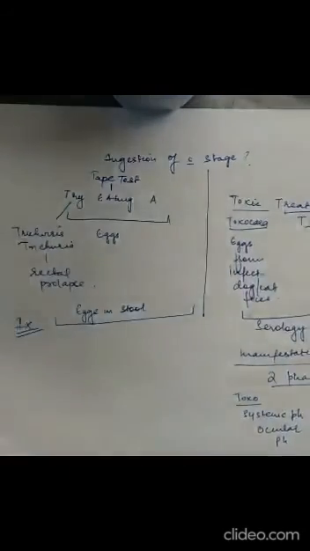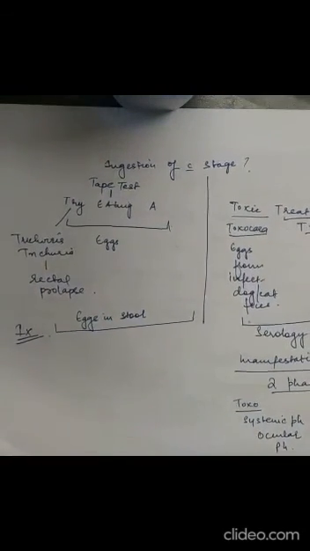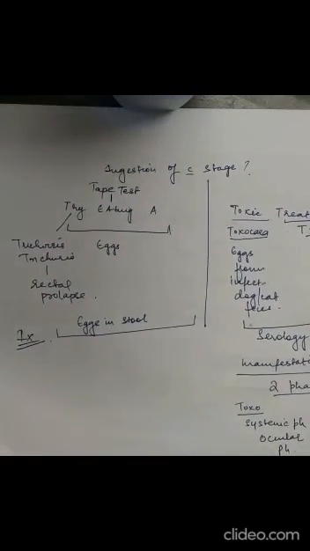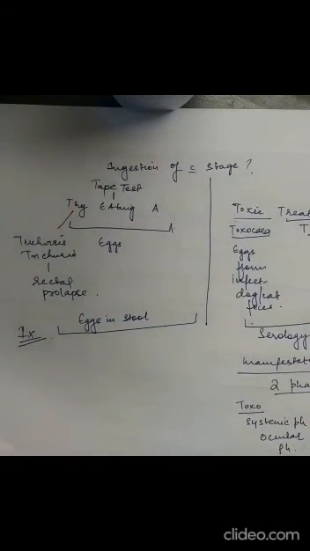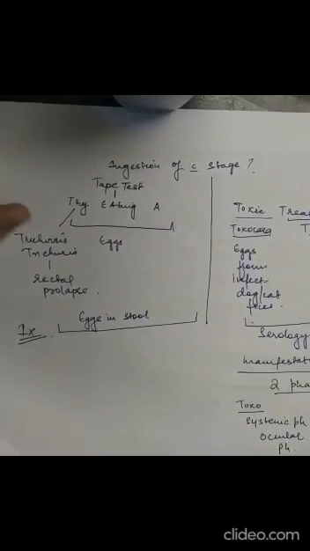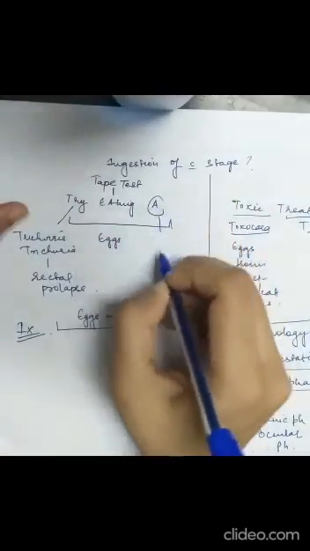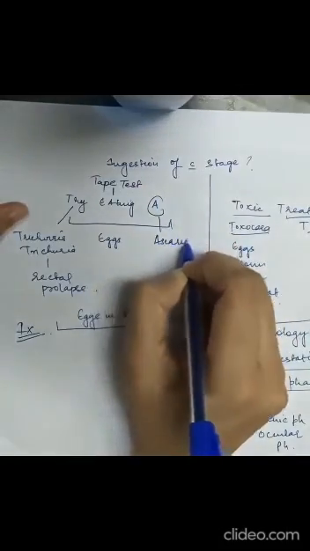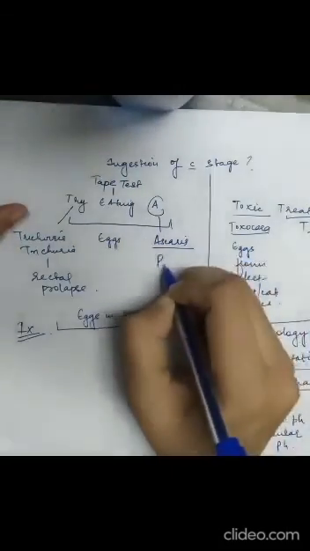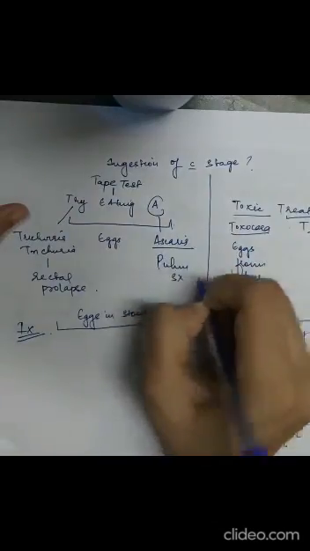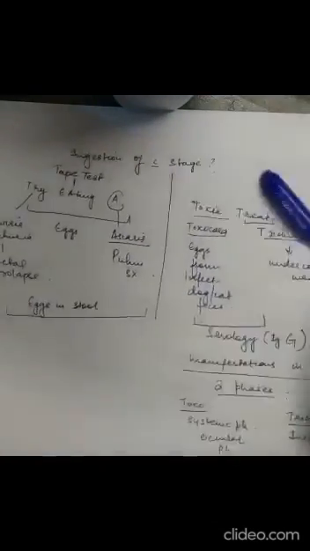The tape test, because it causes perianal itching at night, and you can apply a tape to the perianal area, and when you visualize it under microscope, you're going to see the eggs. And Ascaris, I think the best thing to memorize is that it also causes pulmonary symptoms. Okay, that's it. Thank you.